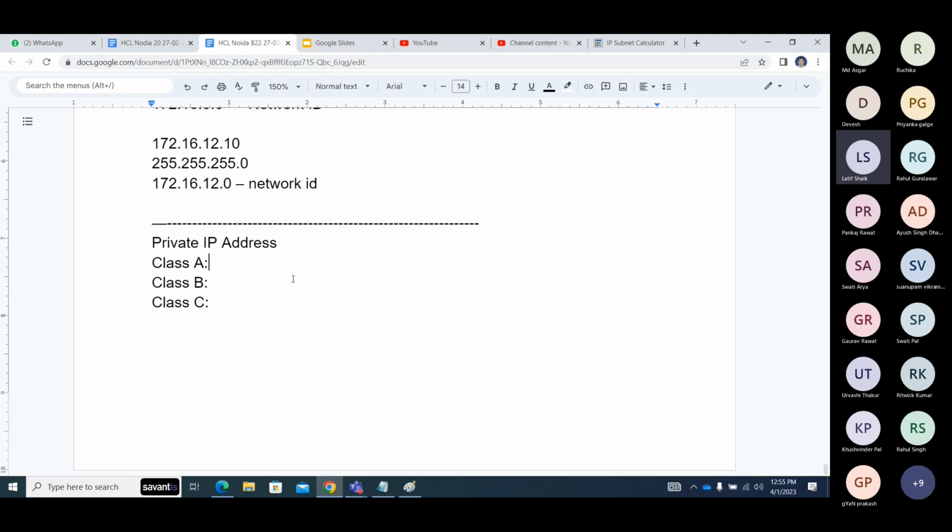Okay, guys. So IANA and ICANN have given certain private IP address ranges. Any person or any organization can use them within their organization.